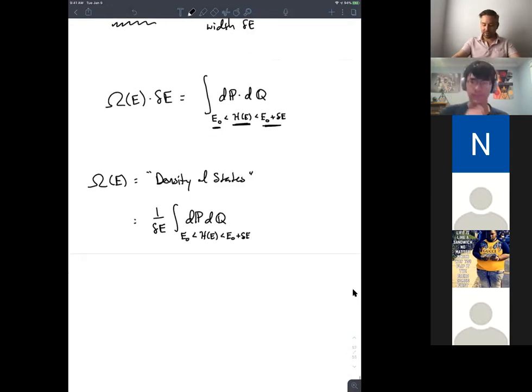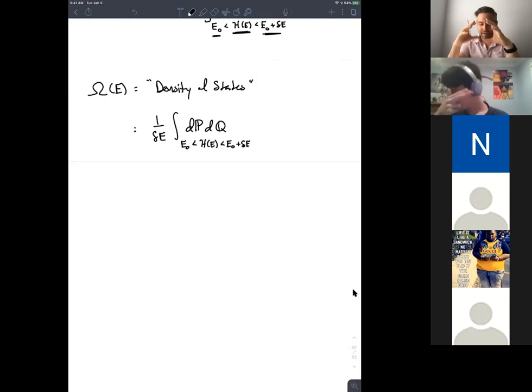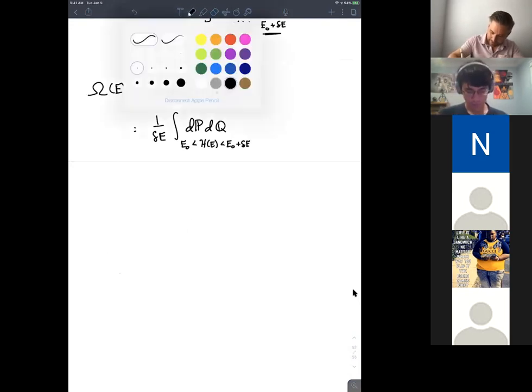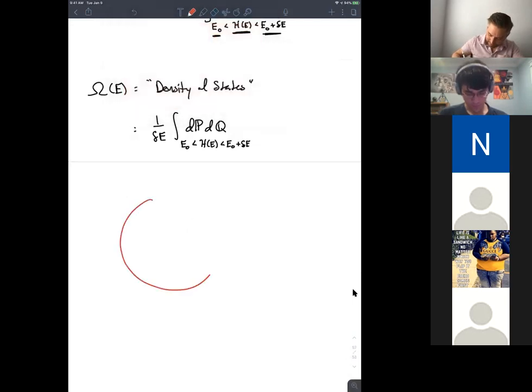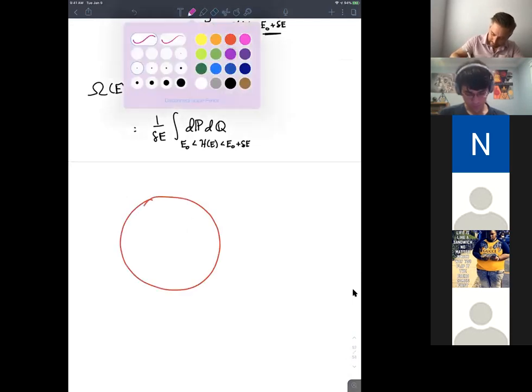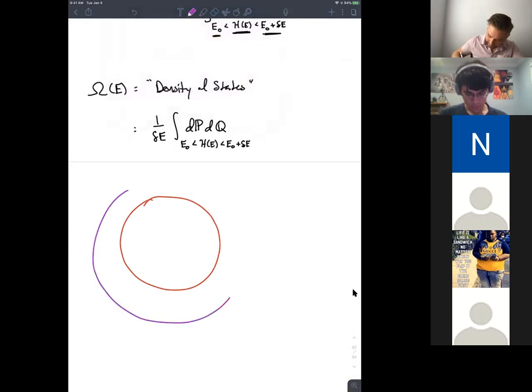All right, so now, I used different colors earlier. What I have is this shape that I drew like this, and I'm taking this shape and dividing it up.